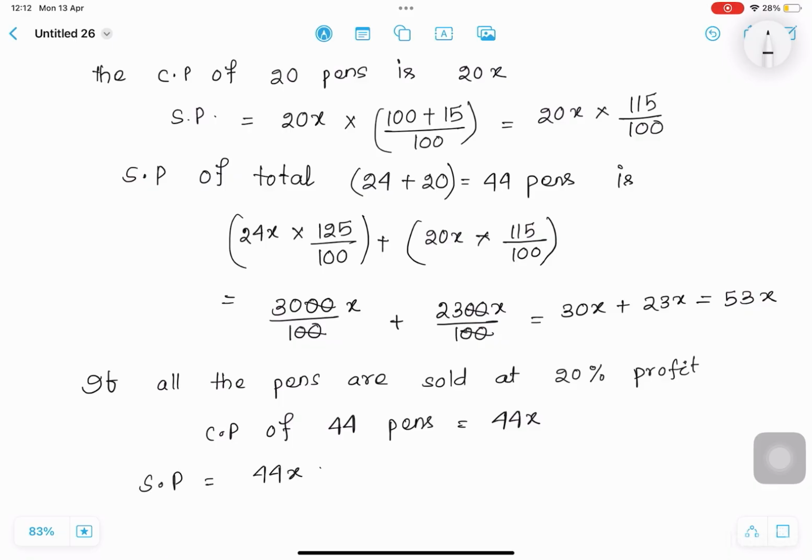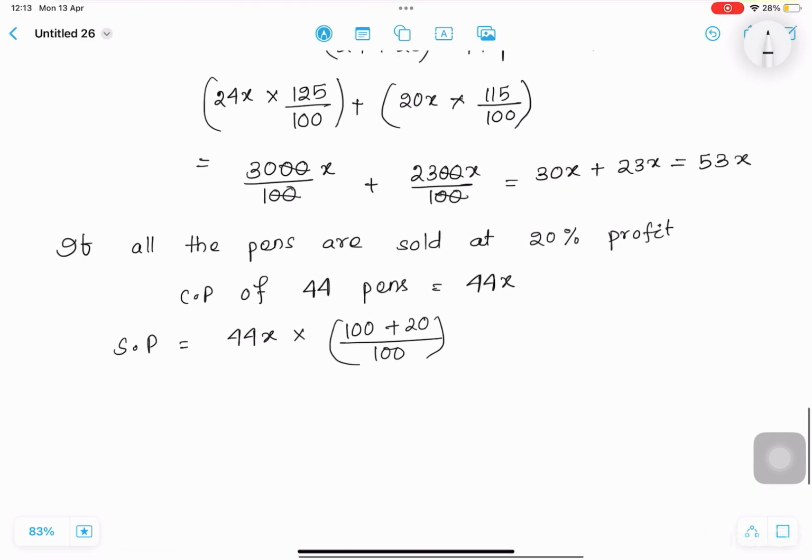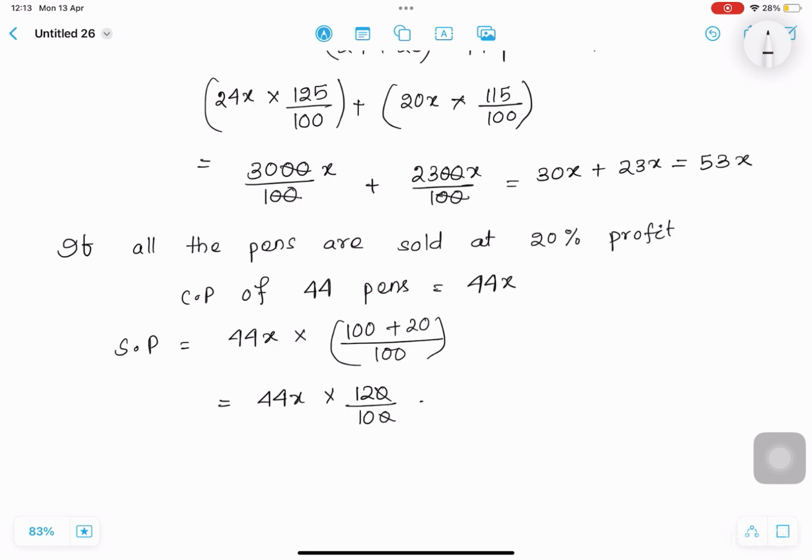Now selling price will be 44x, cost price into 100 plus 20 by 100. So I am getting 44x into 120 by 100. So 0 0 cancel. So I can write 44 into 12, that is 528x by 10. So I can write 52.8x.